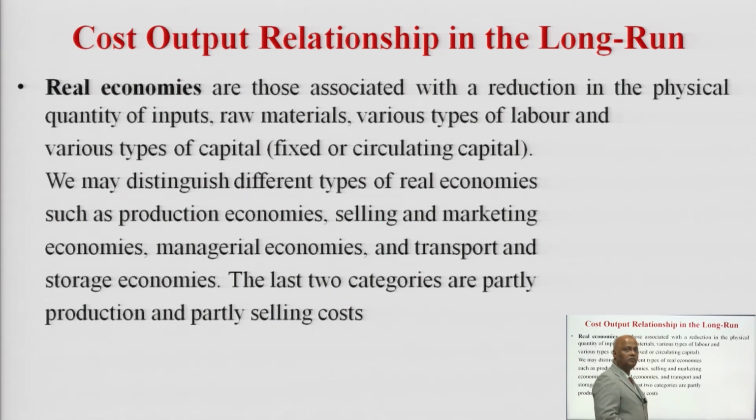Inventory cost will be involved, but if the number of unsold output items is less, then neither will you keep more raw materials in inventory, nor will you keep your final products in inventory. So that is reducing your inventory cost, and that itself pertains to real economies of scale.